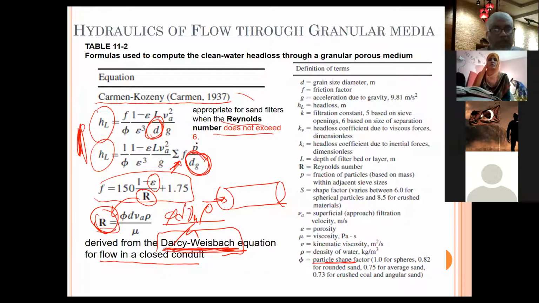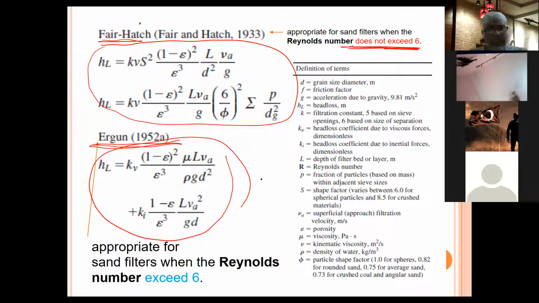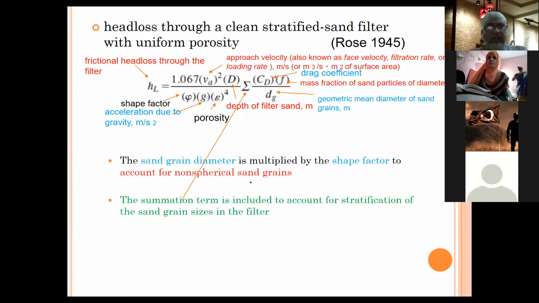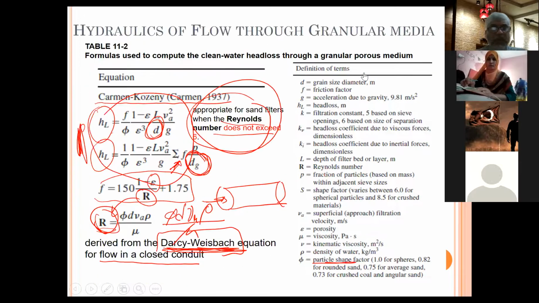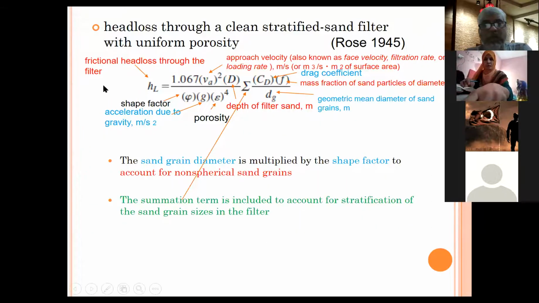If Reynolds number is lower than 6, we use this equation, which is the Karman-Kozeny equation. And if Reynolds number is more than 6, then we use the Ergun equation. This is very similar to the equation I mentioned earlier, this one, Karman-Kozeny. A similar, very common equation is the Rose equation, developed by Rose in 1945.